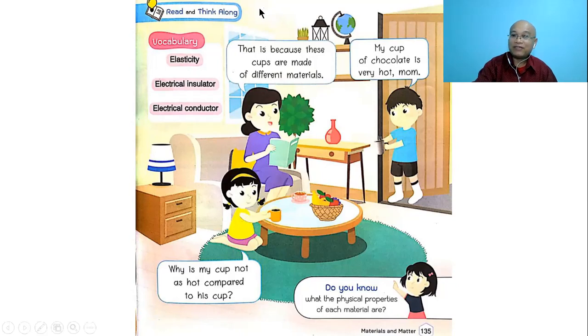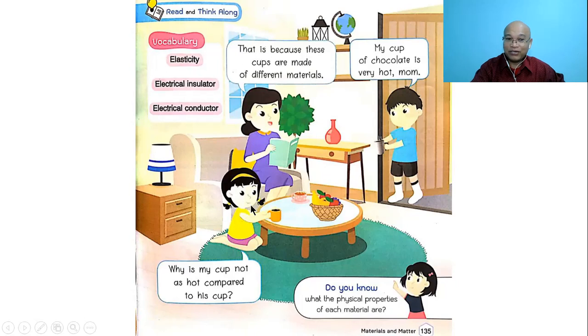Now let's read the conversation here. That is because these cups are made of different materials. My cup of chocolate is very hot, Mom. And so the answer is that's because these cups are made of different materials. In other words, if the cup is made of a conductor to heat, it becomes hot.